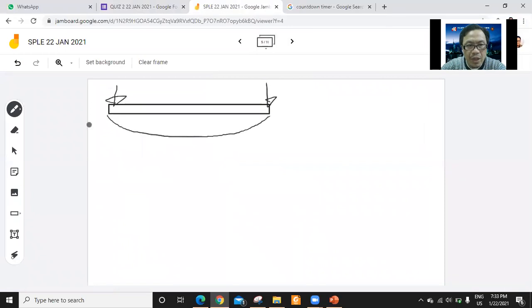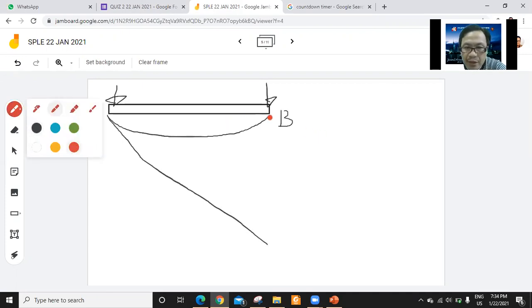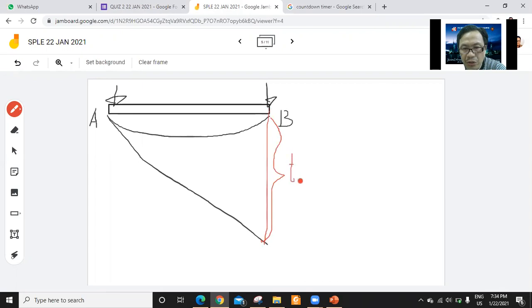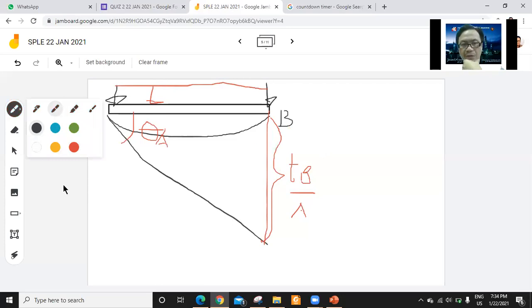So if this is A, and this one is B, and you draw a tangent line from point A, let us exaggerate the drawing. This is the deviation at B from A. This is the angle A. Example, this is your load. Now, how are you going to calculate the deviation of B from A?